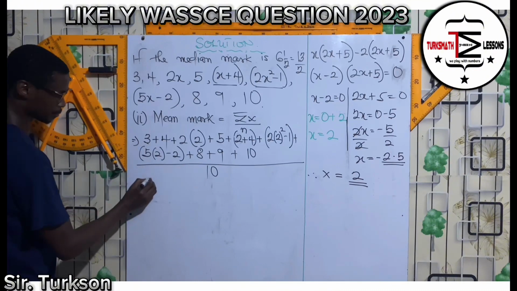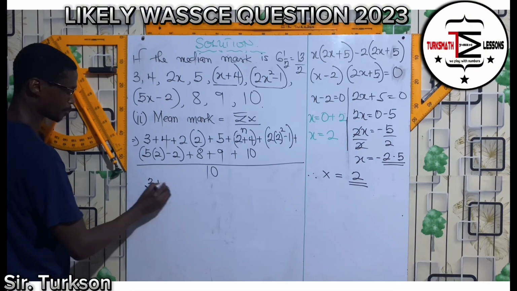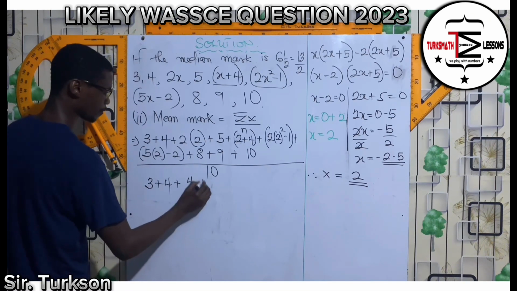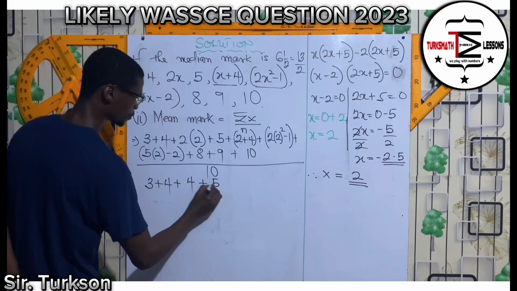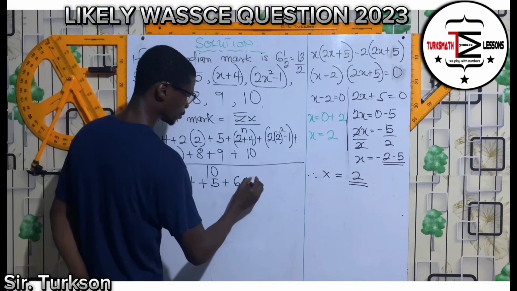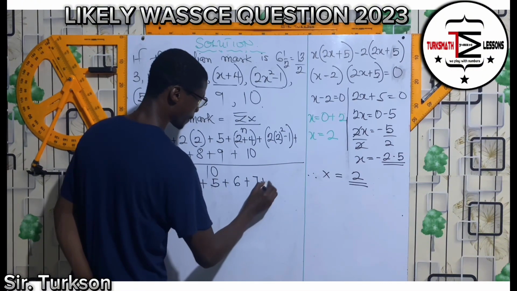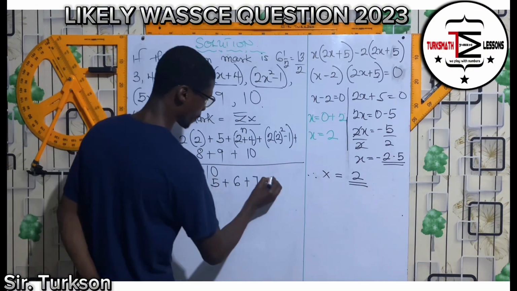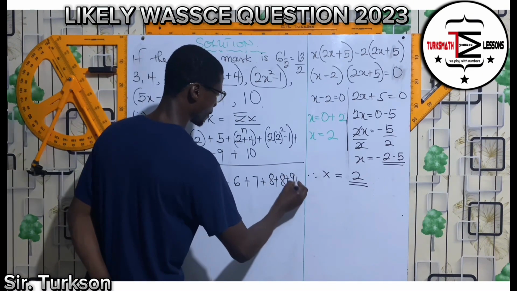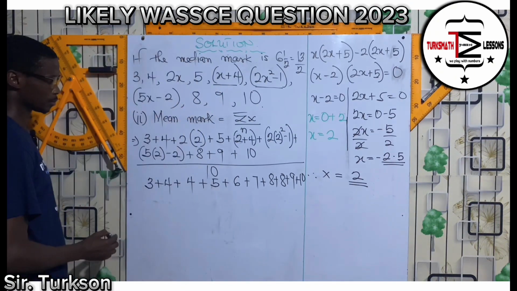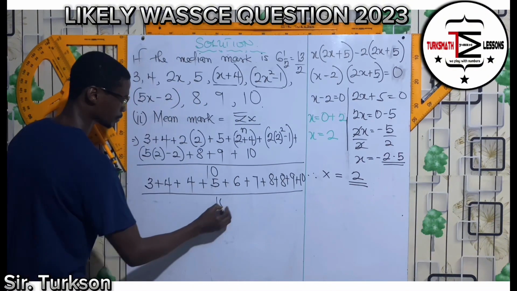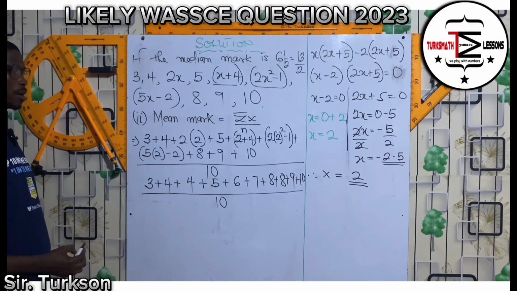So you are going to have 3, 4, all out of 10, right?